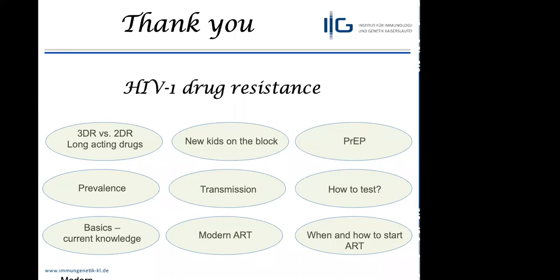So in the future, we still have to look for factors to classify patients in low-level viremia, in terms of failure and in terms of shedding. We are still at the beginning there.